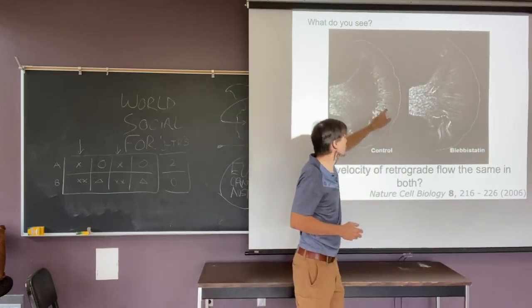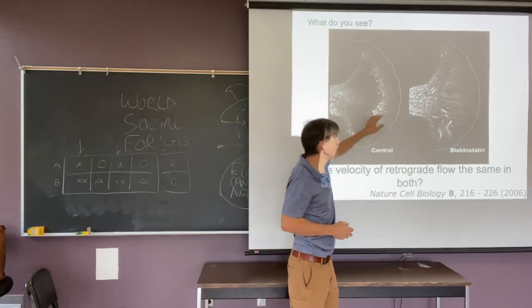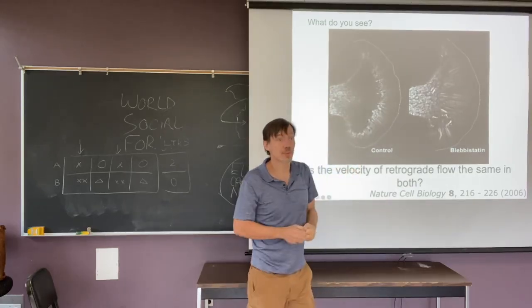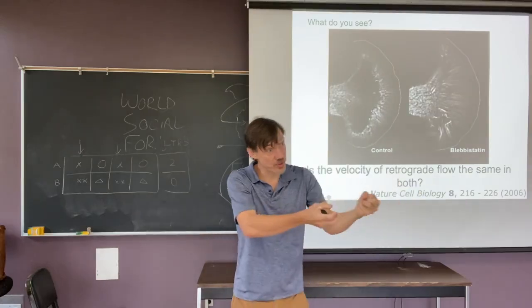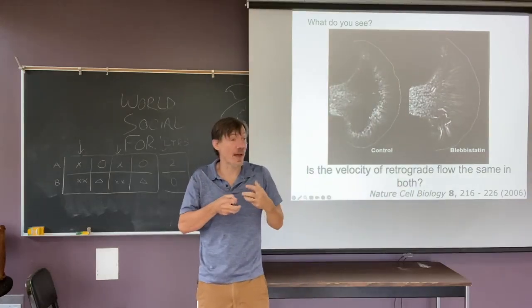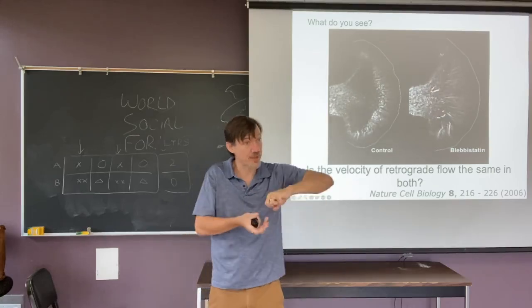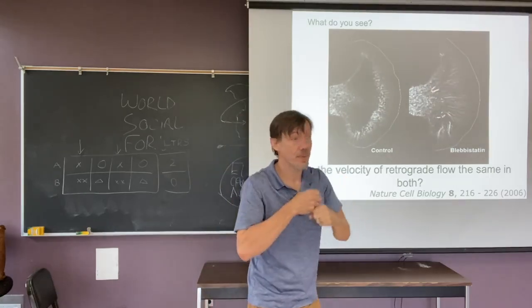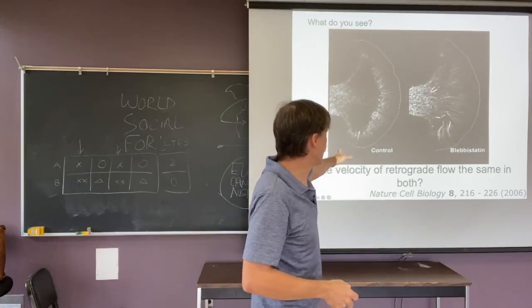In contrast, in the control cells, you can see that stuff is flowing to this convergence zone, and it seems like it's rapidly disappearing. So myosin is doing a lot of things. It's generating forces that are pulling things back, and it's also helping actin filaments disassemble because it puts force on the actin that bends and breaks it. Okay, so the velocity.